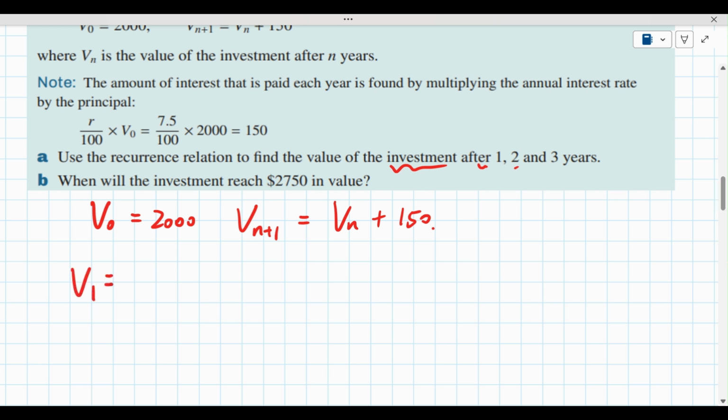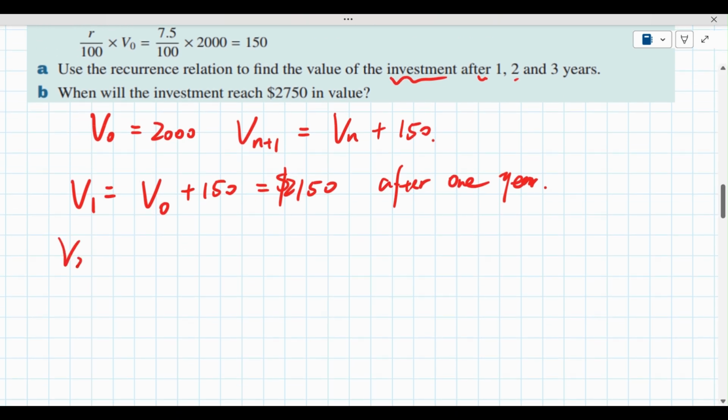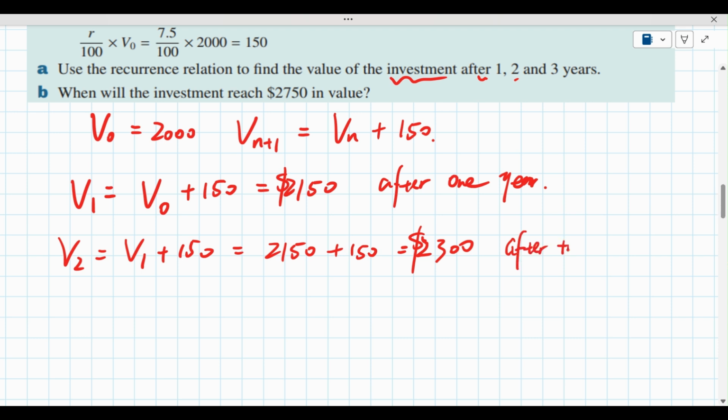So V1 equals V0 plus 150, which is $2,150 after 1 year. V2 equals V1 plus 150, which is 2150 plus 150, equal to 2300 after 2 years.